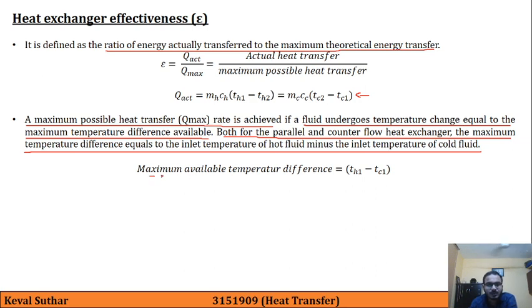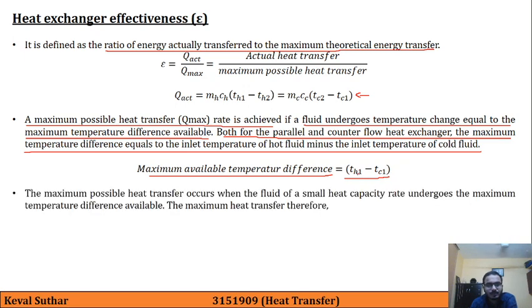So this will be our maximum available temperature difference, TH1 minus TC1. The maximum possible heat transfer occurs when the fluid with smaller heat capacity rate undergoes the maximum temperature difference available.